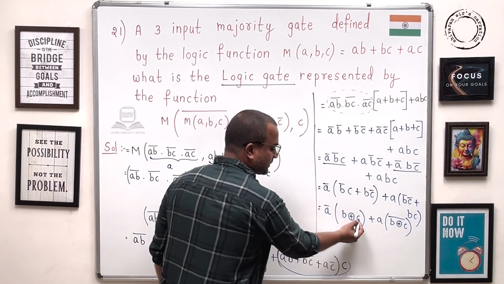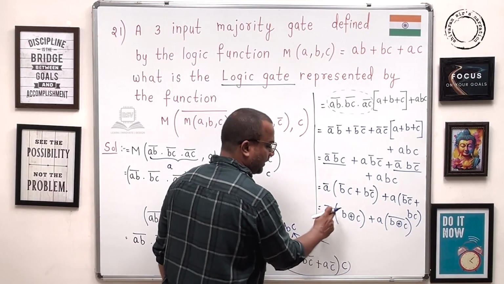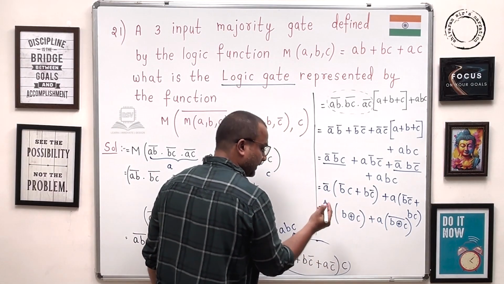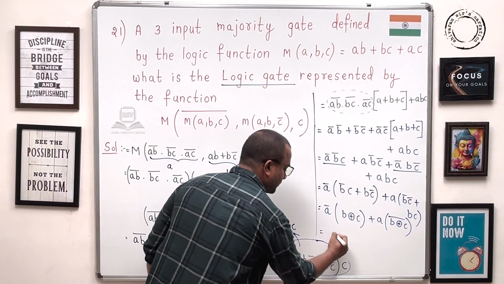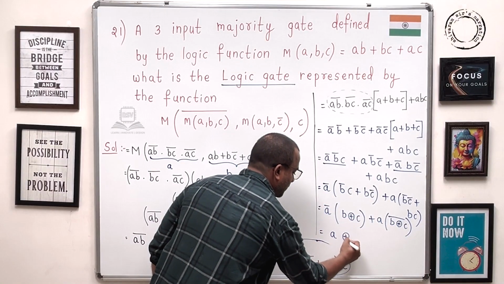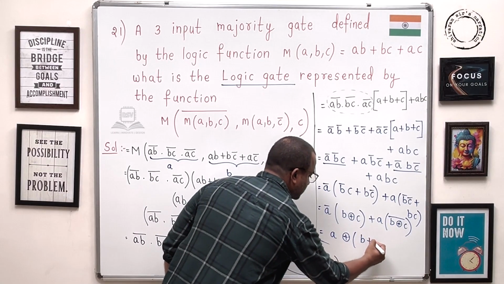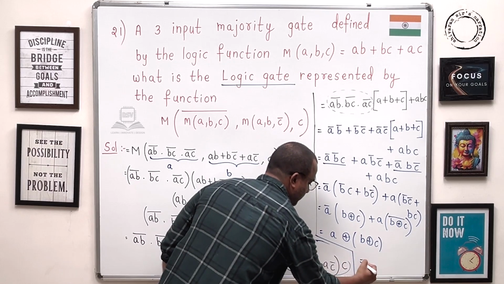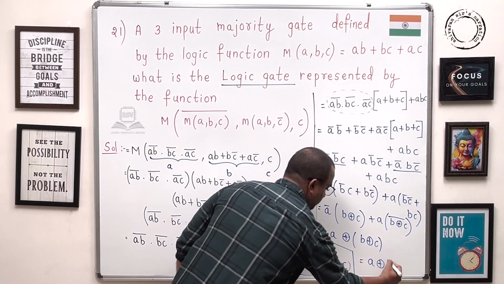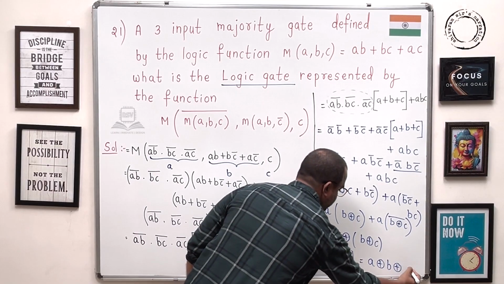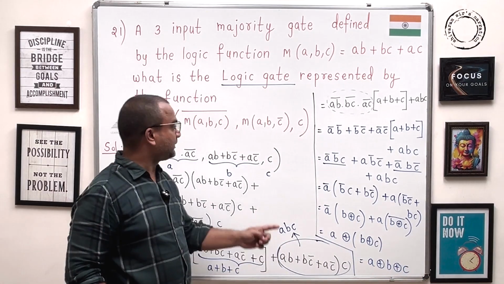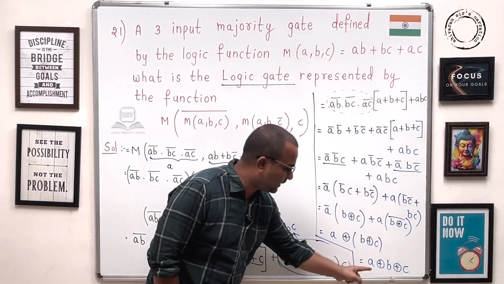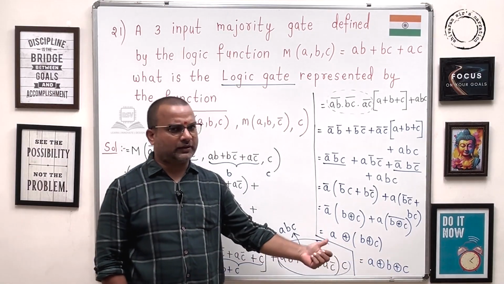Therefore, if you assume B XOR C as X, A bar X plus A X bar, that means A XOR X, A XOR B XOR C, that means the final expression is A XOR B XOR C. Finally, for this nested function, the simplified expression is A XOR B XOR C. Then what is it, guys?